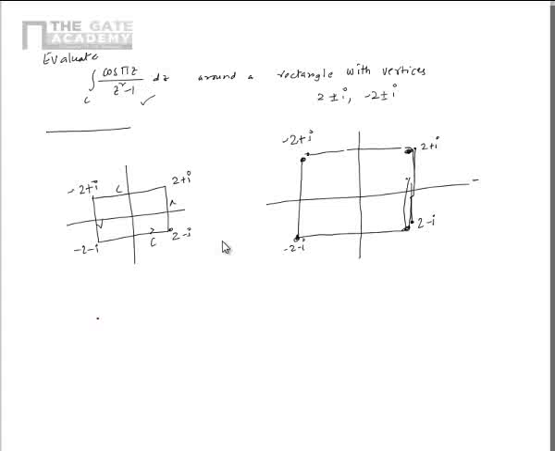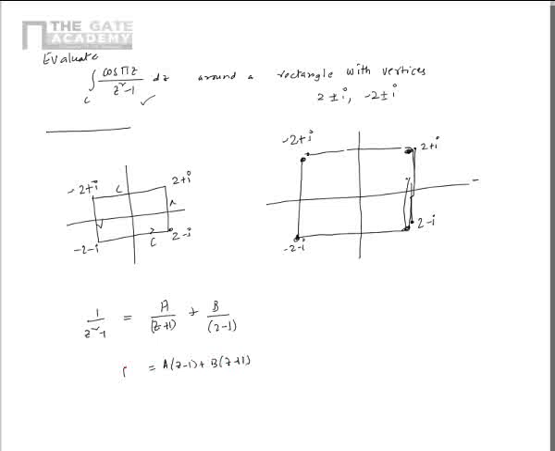So first you have 1 by z square minus 1, which can be written as 1 by (z plus 1) into (z minus 1). So let me write it in this way, a by z plus 1 plus b by z minus 1. Let me find out a and b. So this I can write as a into (z minus 1) plus b into (z plus 1).